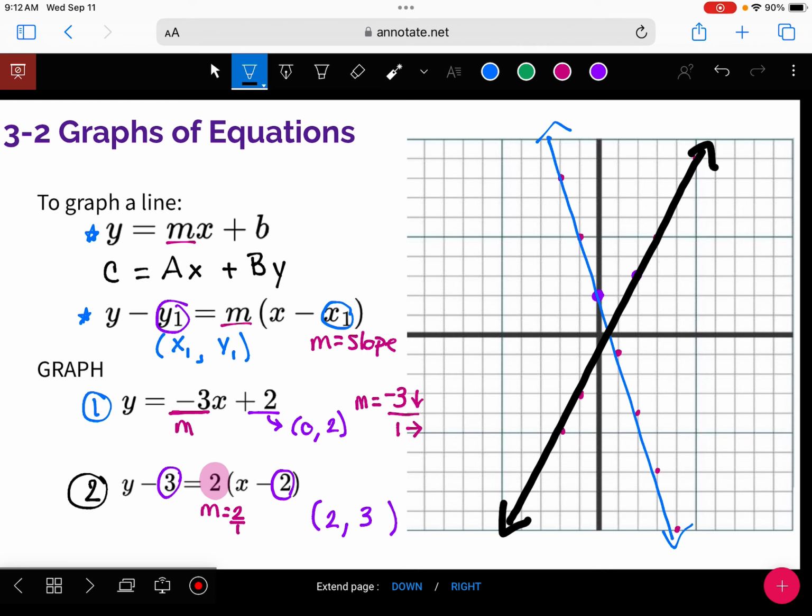Let me switch the blue one out to be something a little chunkier so we can see it a little clearer. Just making my blue line darker. Whenever we're graphing, I do recommend that you go all the way to the edge. It makes it a lot easier to see, a lot easier to read, all that jazz.